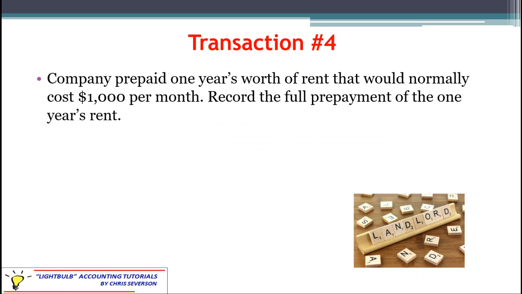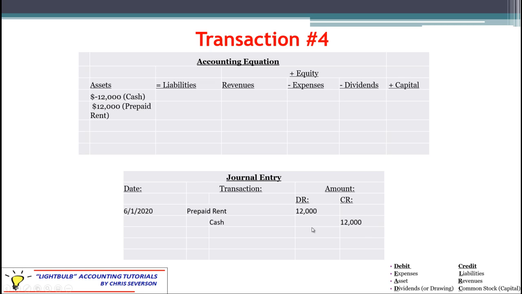Let's go through one more prepayment. The company prepaid 1 year's worth of rent that would normally cost $1,000 per month. So it's 1 year, $1,000 per month. That's going to be $12,000. So we're going to record the full prepayment of the 1 year's rent. Very similar to the last prepaid insurance, we have one asset decreasing with cash and one asset increasing, the prepaid rent.